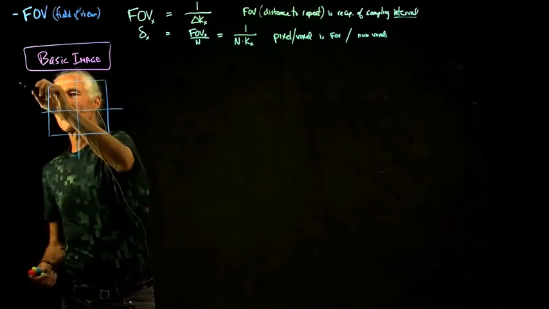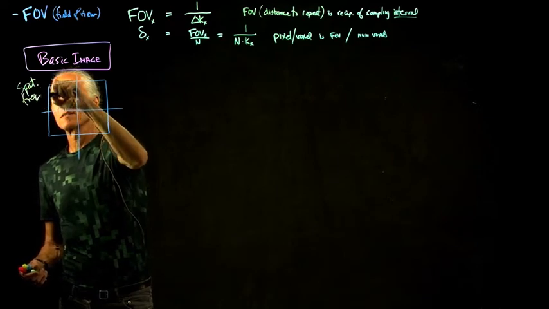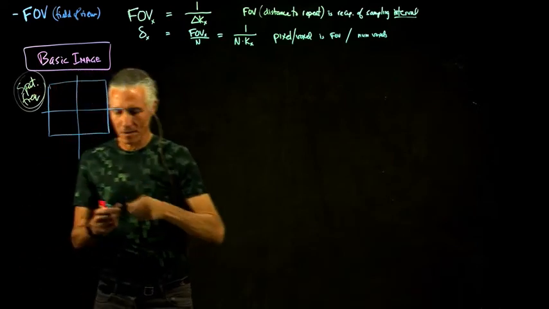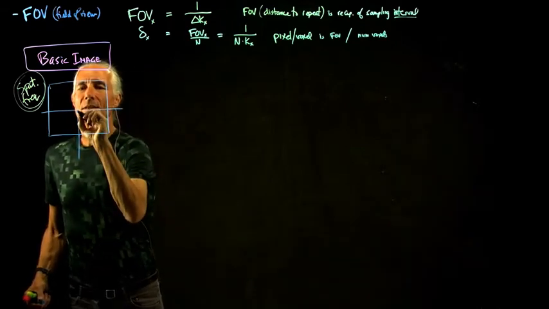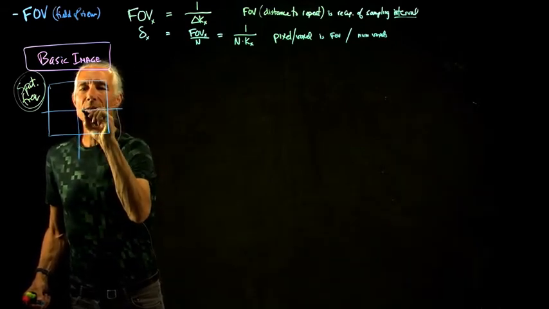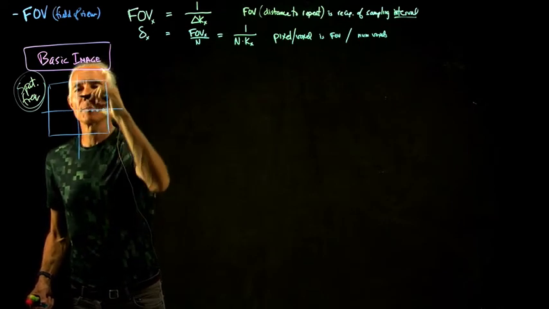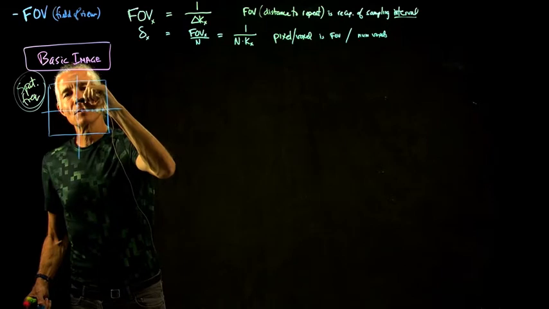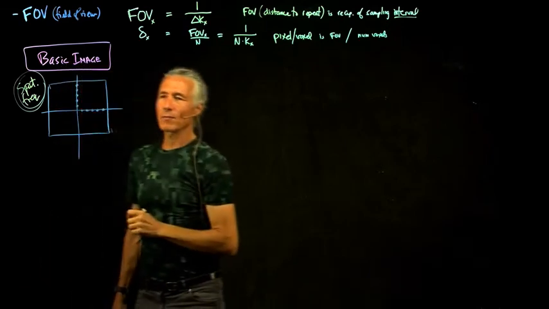Say our sampling has the center of K space, and then 1, 2, 3, 4, 5 samples. I'll have two-dimensional K space, so that's our sampling rate.